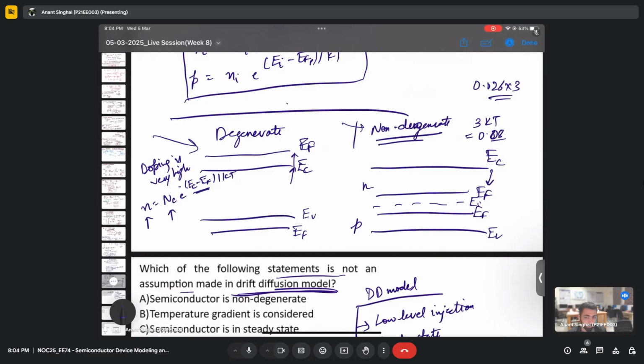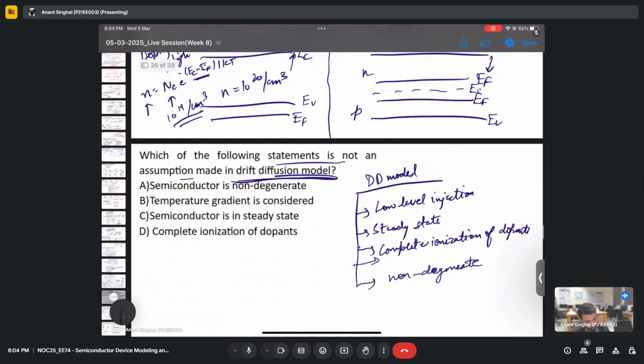That is, the Fermi level will go inside. In general, Nc is 10 to the power 19 per centimeter cube for silicon. So if we dope it around 10 to the power 20 per centimeter cube, this will become degenerate. All the things that we study are for non-degenerate. The doped silicon is always the non-degenerate case.